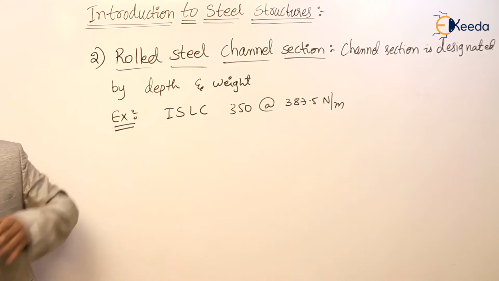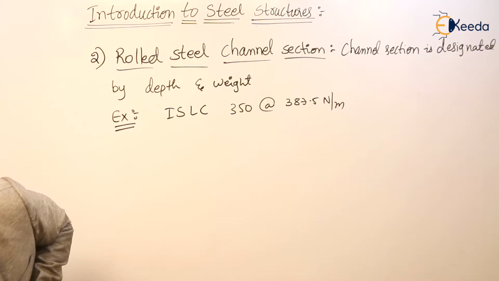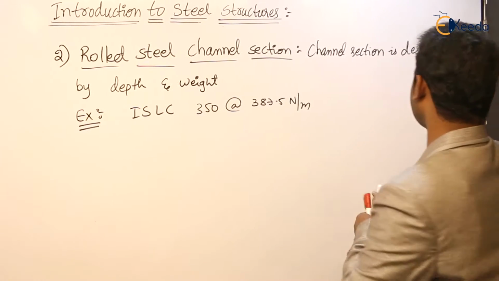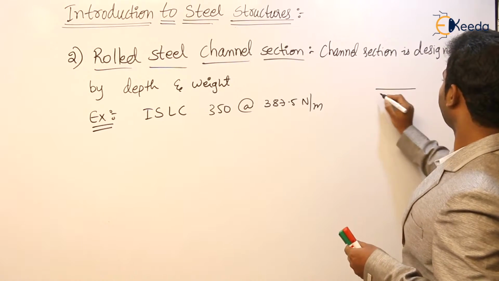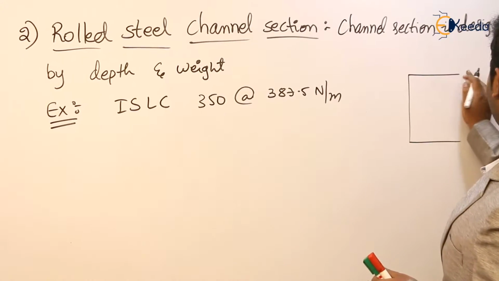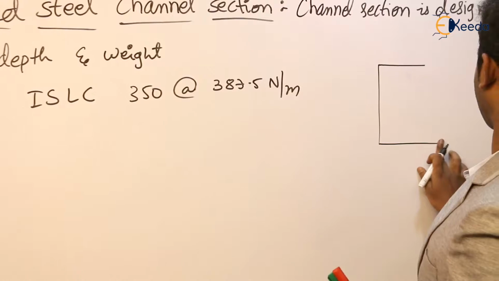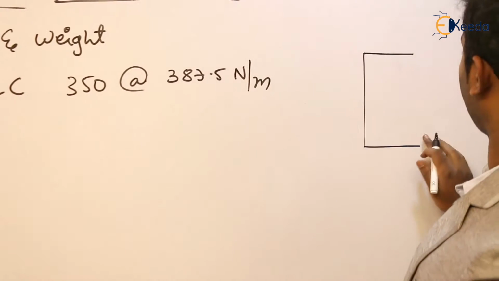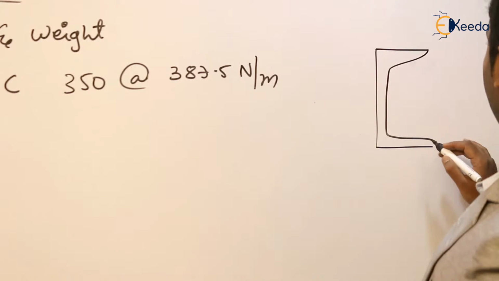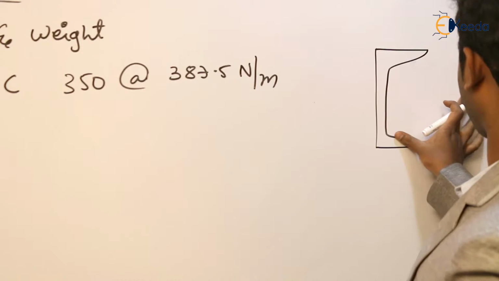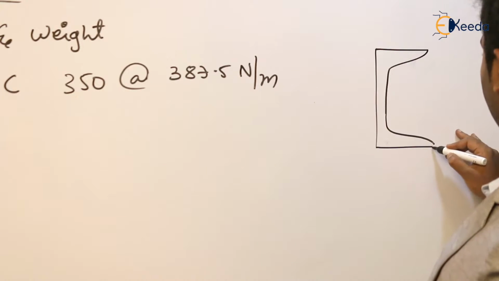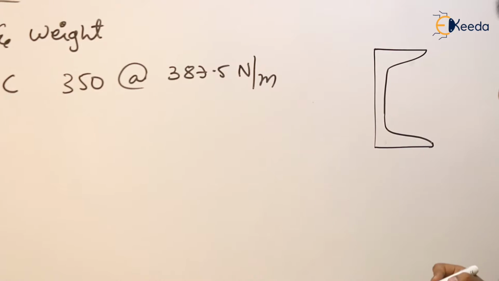Okay, now if you observe the cross section shape, the channel section is like this. This is the channel section.